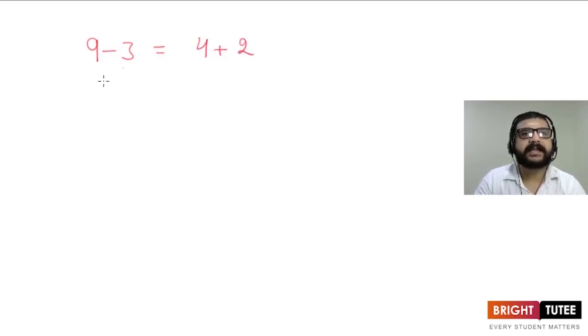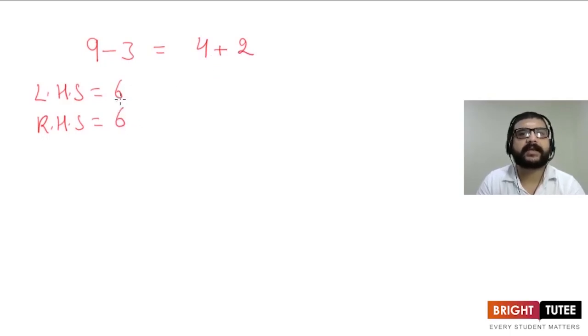Now here LHS is 9 minus 3, which is 6. And what is RHS here? RHS is also 4 plus 2, which is 6. Now here LHS and RHS both are equal. Then we can say that the given equation here is a balanced equation.